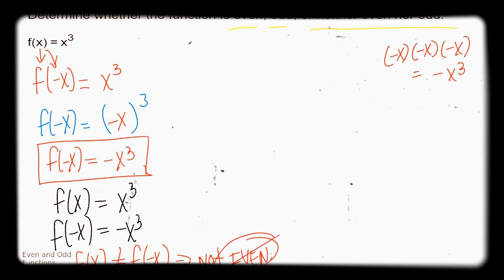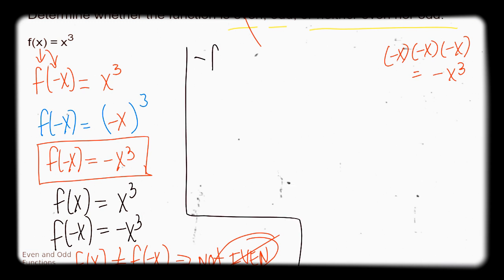Now we want to see if it's odd because we ruled out even. So we take negative f of x. We take the original function and multiply it by negative.